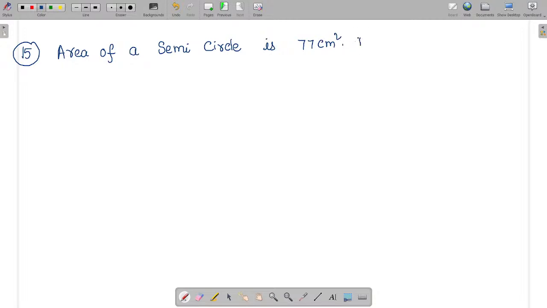Its perimeter is equal to, this is the question.